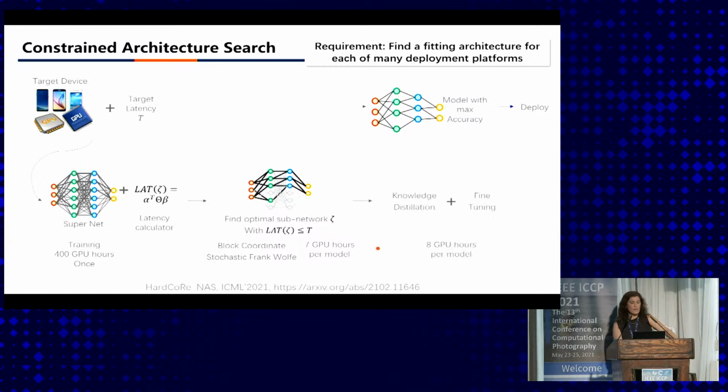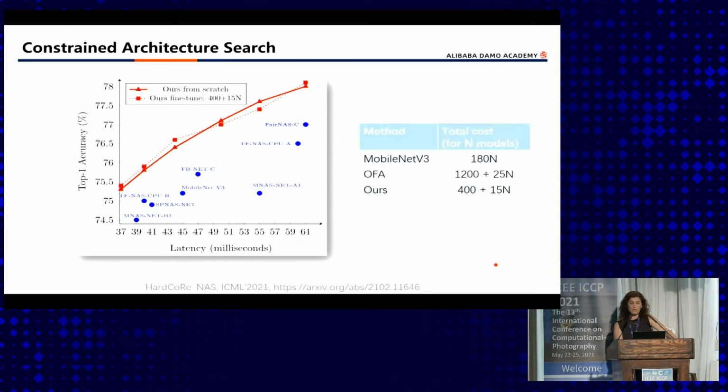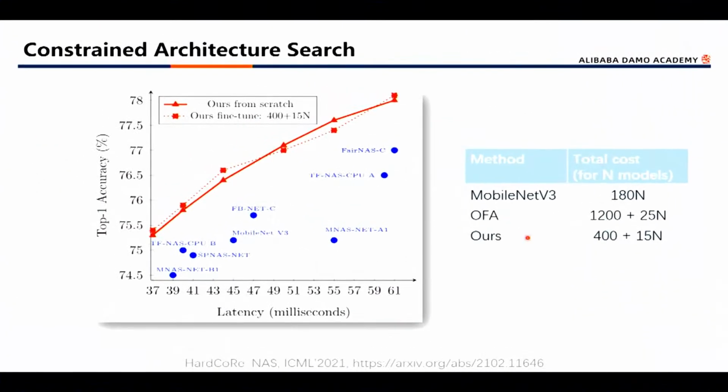And then after you have your architecture, you use some knowledge distillation and fine-tuning to get the best accuracy for that architecture, which takes an extra 8 GPU hours. So altogether, if you look at our results, let's start from this table on the right. Our results give us a total cost of 400 GPU hours for training the super networks, and then for each new network, 15 hours, which is much faster than previous solutions.